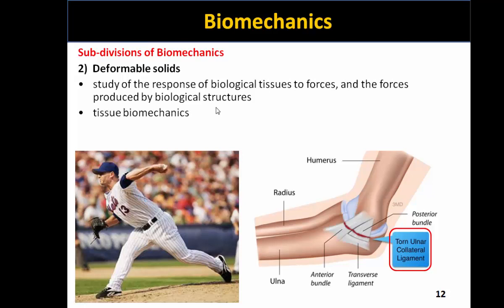That falls under the general category of what is termed tissue biomechanics, and this is something that we'll focus on at the very end of this course, in the final module.